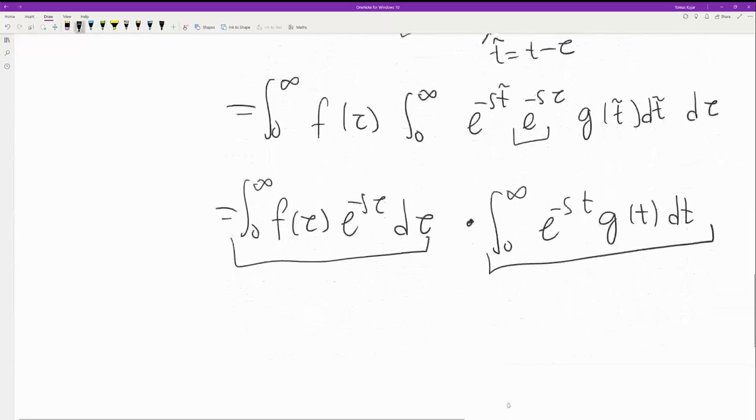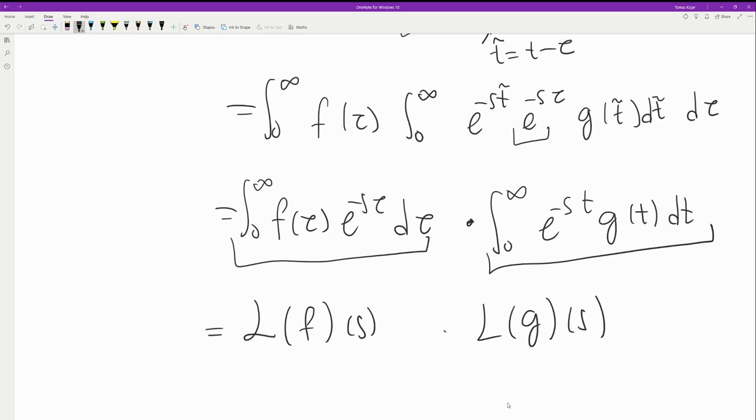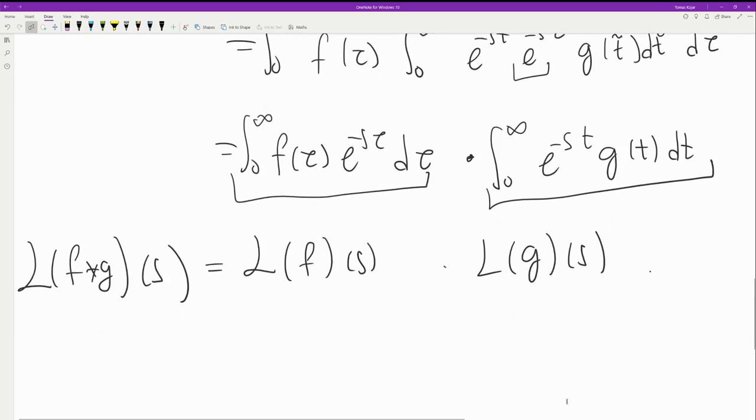So this is nothing else but the Laplace transform of f times the Laplace transform of g. And that's it. Okay, so now let's do some examples.